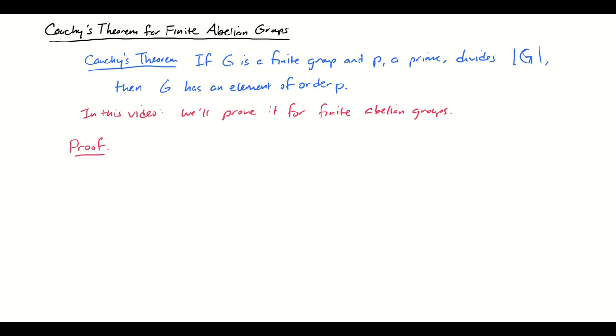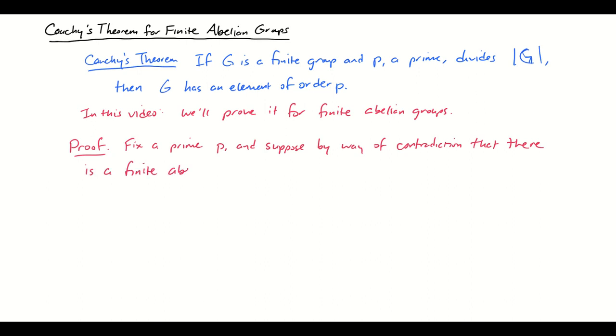So in other words, let's fix a prime p, and suppose, by way of contradiction, that there is a finite group, a finite abelian group, because again, we're only going to try and prove this for the case where G is abelian, whose order is divisible by p, but that doesn't have an element of order p.